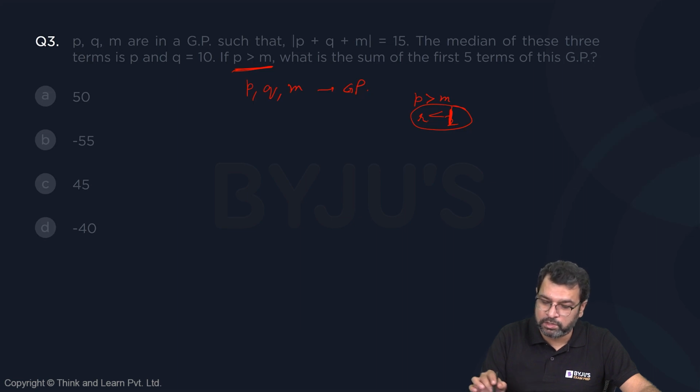If it is a decreasing GP, that is how P is more than M, right? That means common ratio should be less than 1. It's a decreasing GP, correct?